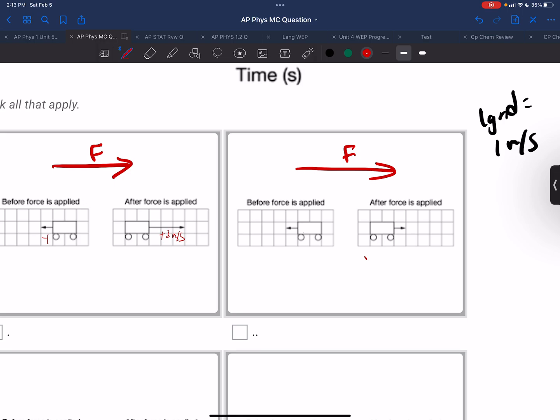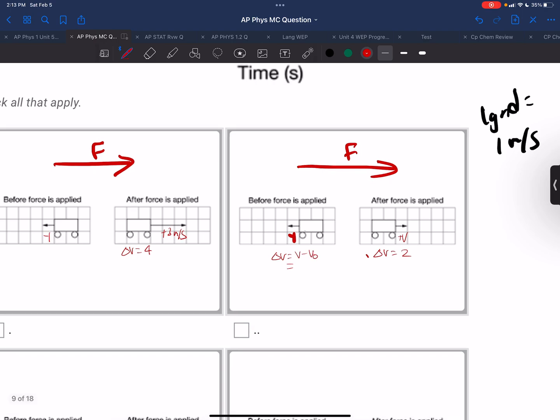Our initial velocity is -1, and our final velocity is +1. So this one is a delta V equal to 4, and this one is a delta V equal to 2. Because delta V is V minus V0, and the final velocity is 1, and initially was -1, so 1 minus -1 is 2. And similarly over here, final velocity is 3 minus -1, that gives us a change in velocity of 4.